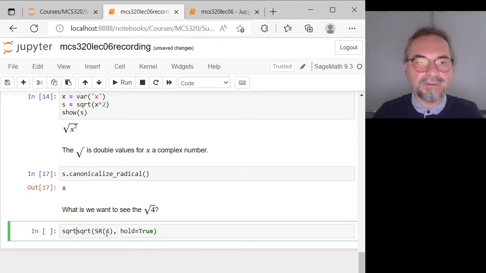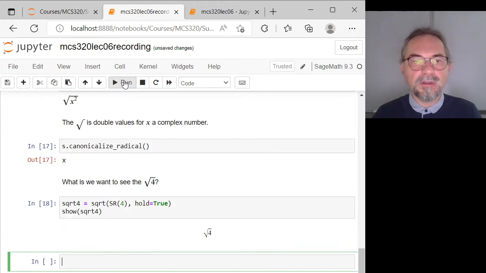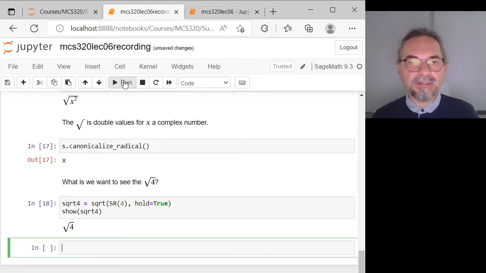And I will give this a name, the square root of 4. And you see that this indeed has done two things. It has left the 4 alone. We saw 4 as a symbol. And the hold also prevents the evaluation.